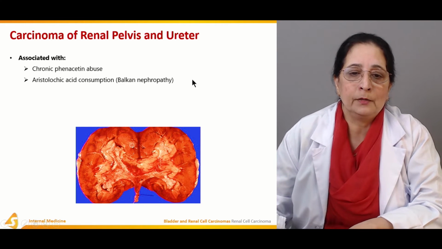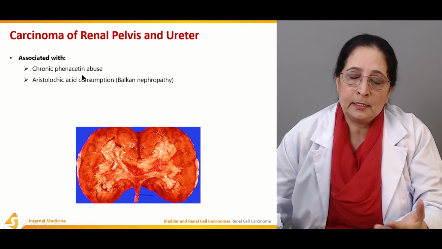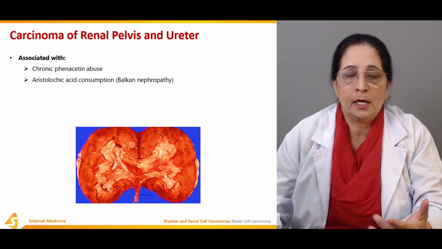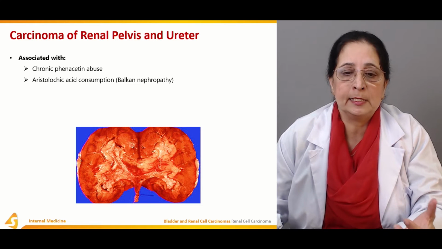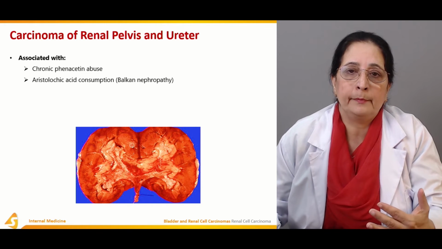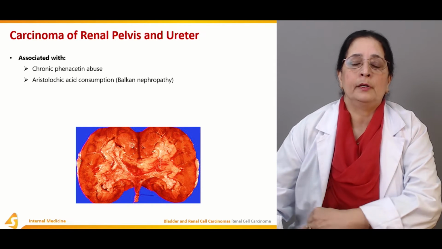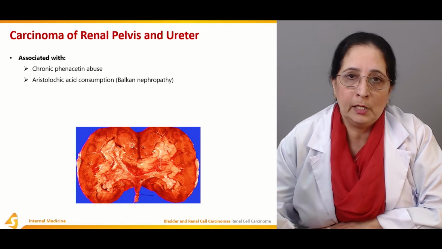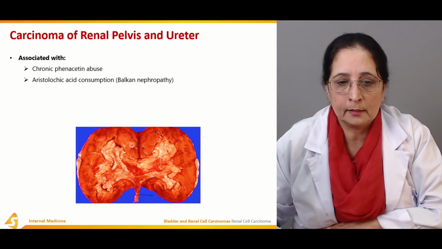The drug phenacetin is now restricted by the FDA, the Food and Drug Administration, because of its bad effects, because it causes renal carcinoma, and also because it plays a role in the development of bladder carcinoma.